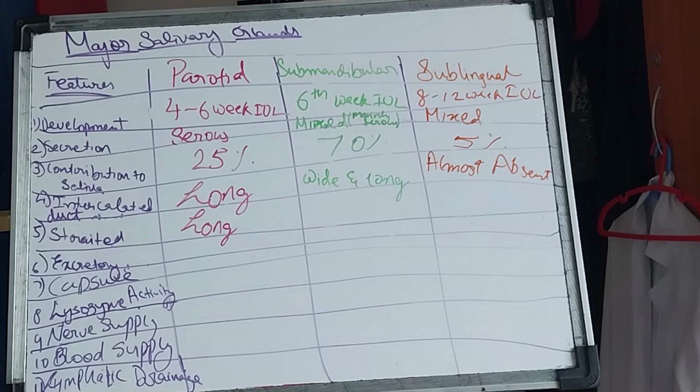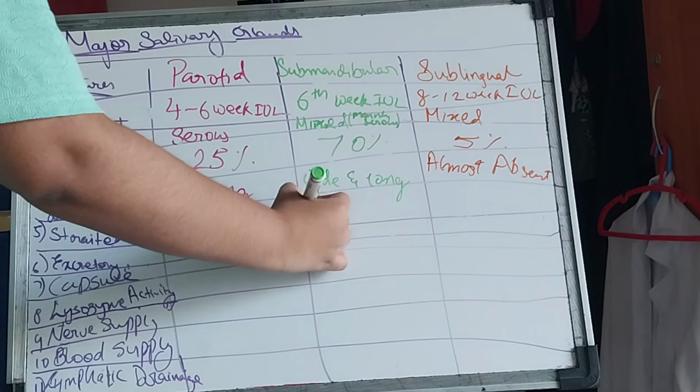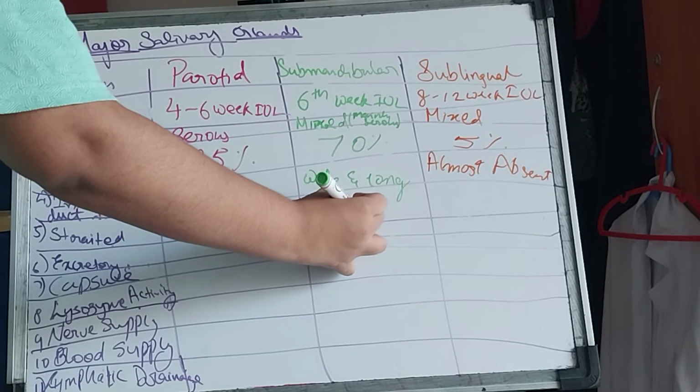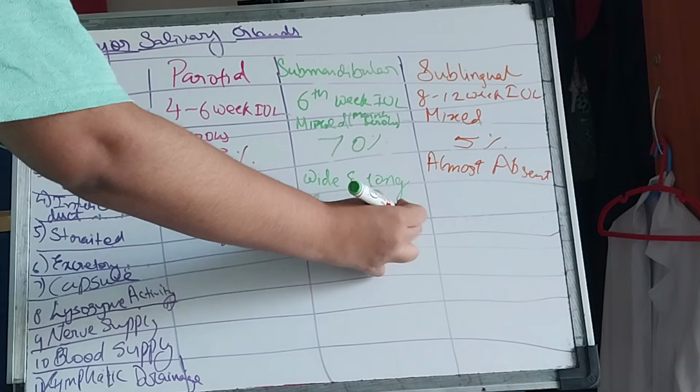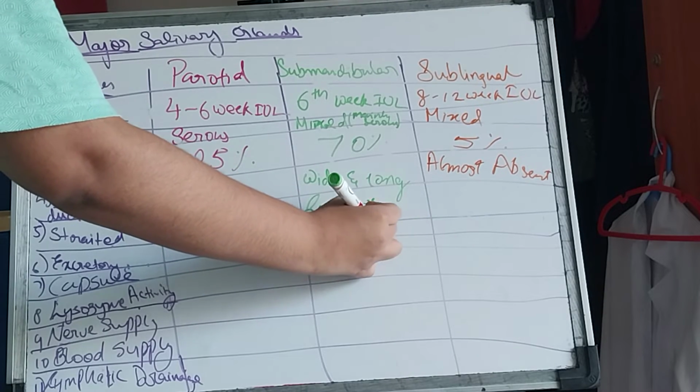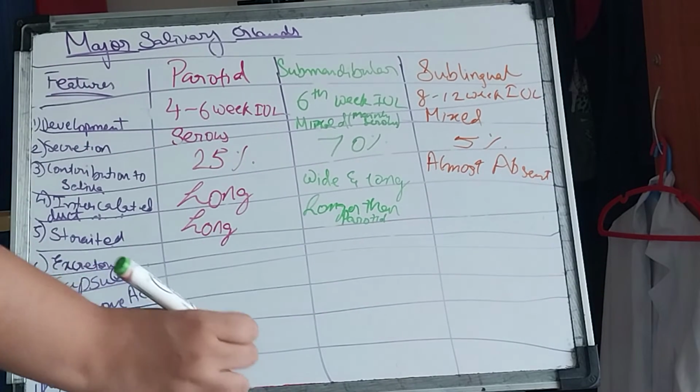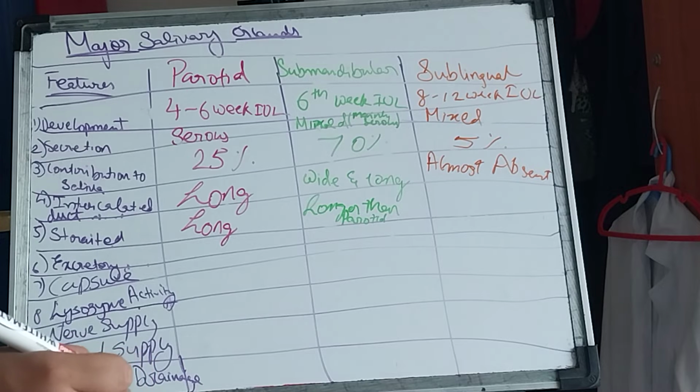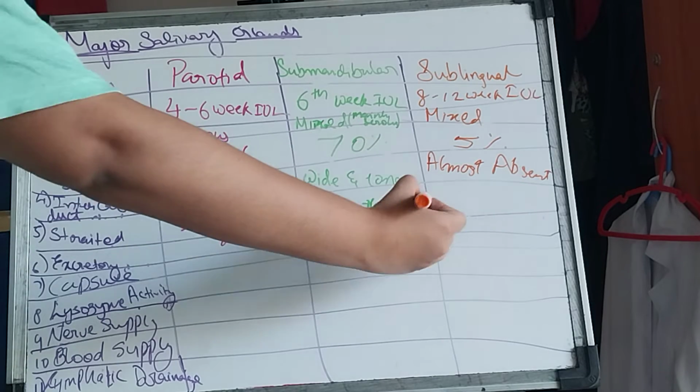The submandibular, the striated duct is longer than the parotid. The sublingual, it is short. It's very short.